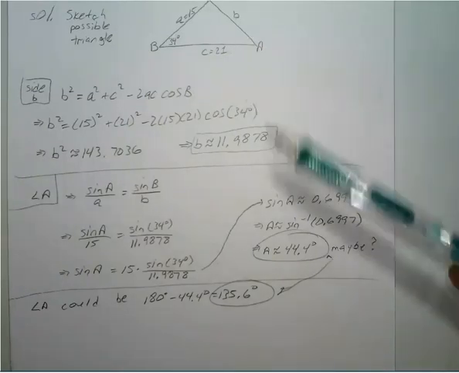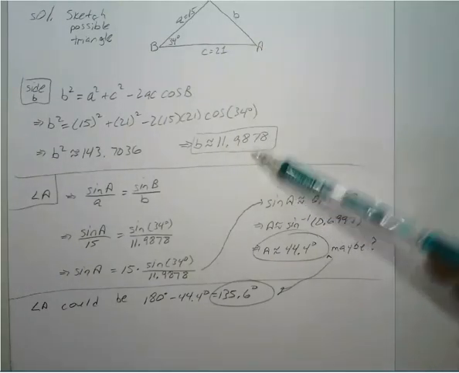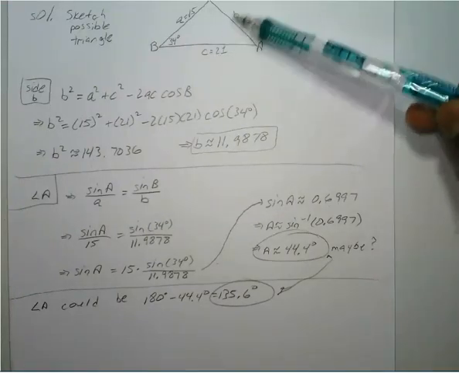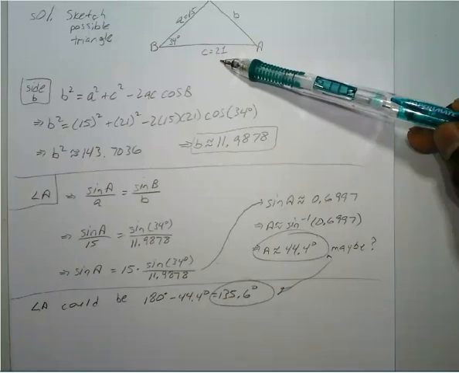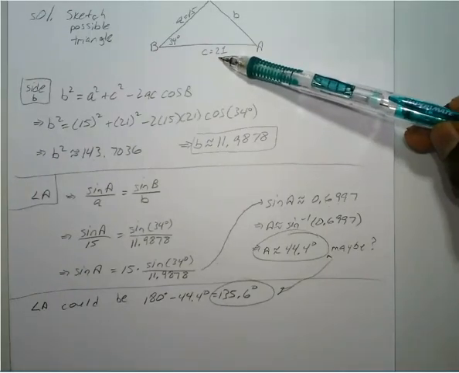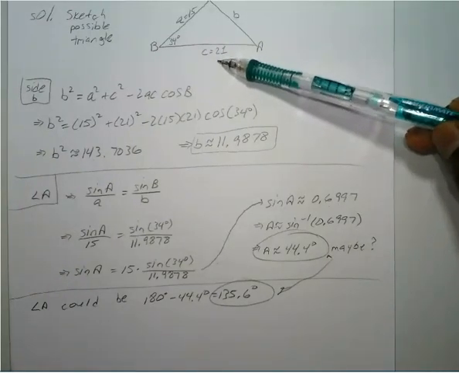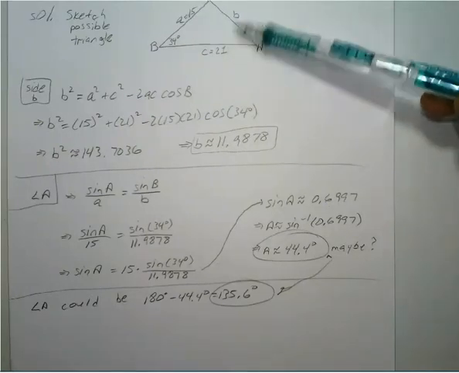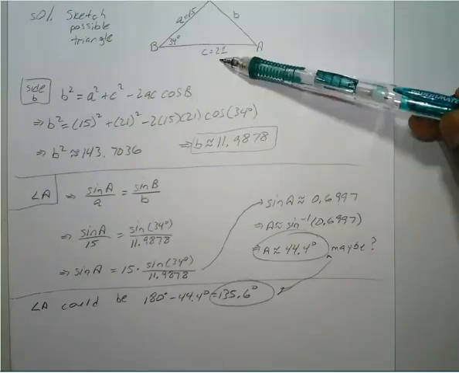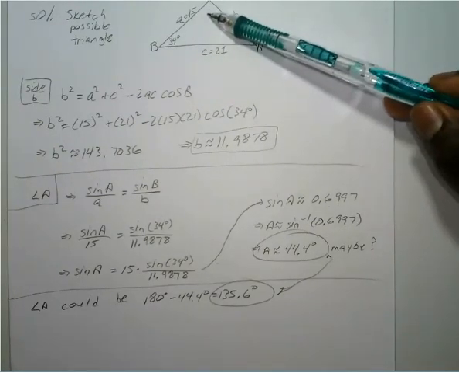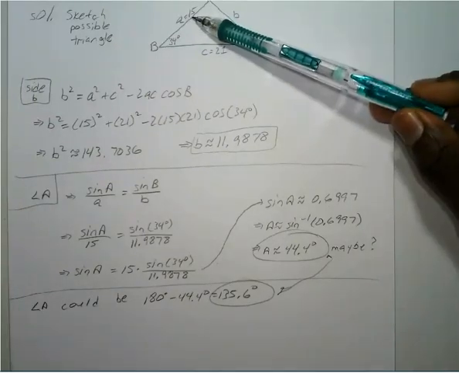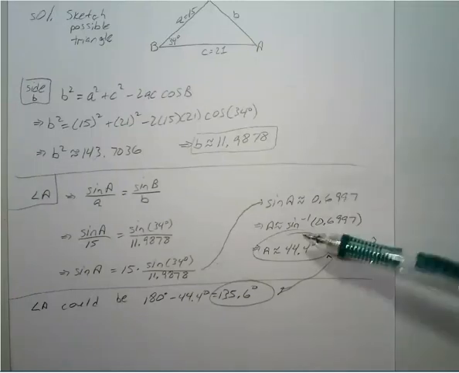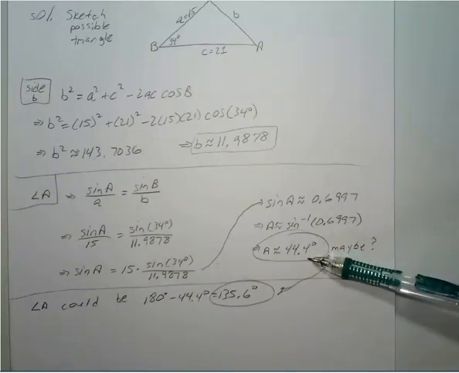We see here that B is 11.9878. Out of all three sides, C is your largest side. We can see that just from here. It's bigger than 15 and bigger than 11.9878. So that means C would have to be your largest angle. A couldn't be your largest angle because side A is not your largest side. So that means 44.4 is the correct one.